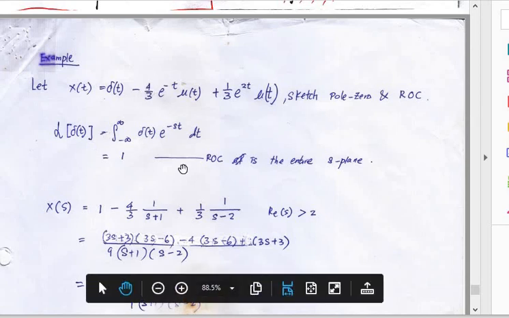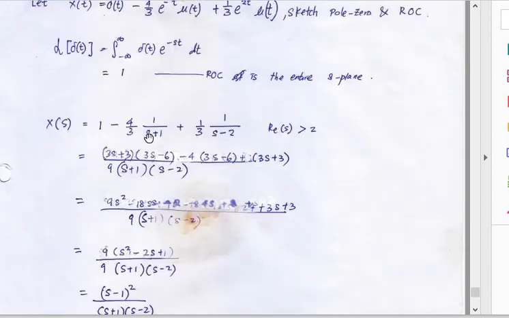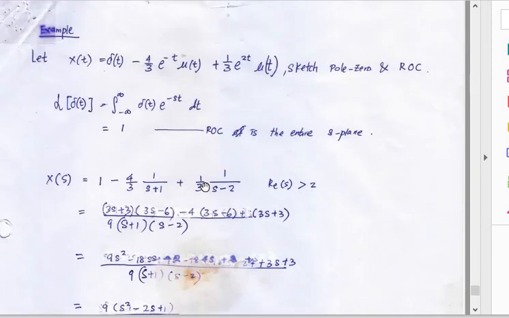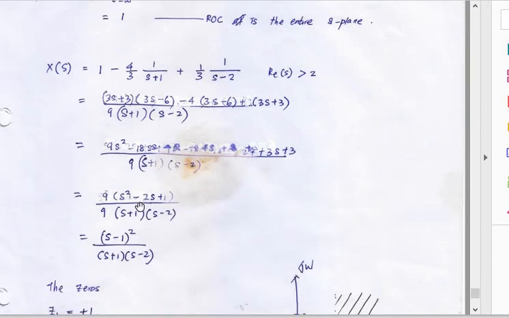For the other two, you multiply in, because there is a plus operation. You equalize the denominator, and then you get the value. You cannot just take s plus 1 and 1 over s plus 2 and say s equal to 1, s equal to 2.